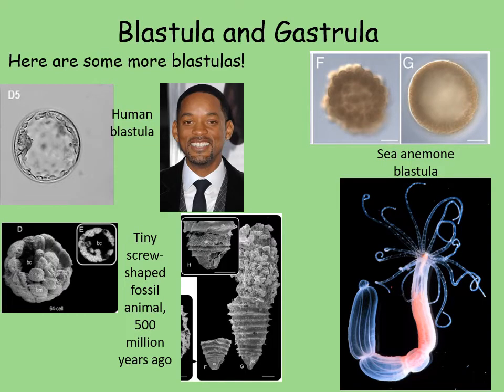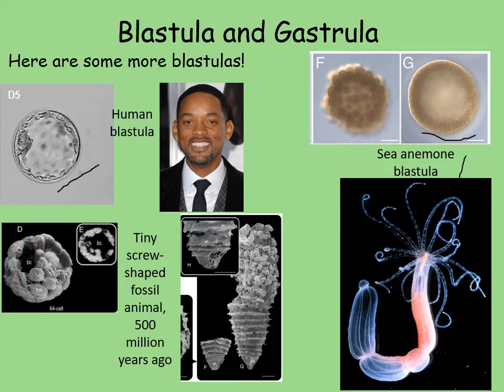So here's some more nice pictures of blastula. This is a human blastula. This is not actually the blastula that Will Smith developed from, but he would have developed from a blastula very similar to this. And this is a sea anemone blastula on the right here, for this particular species of sea anemone.